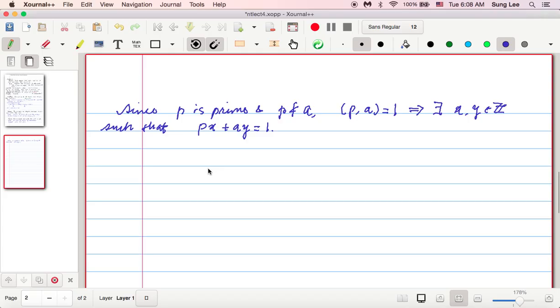That will give you an idea, right? How to proceed with your proof.